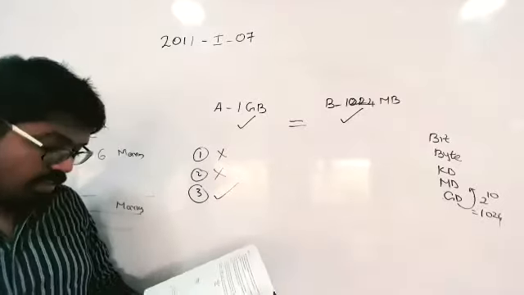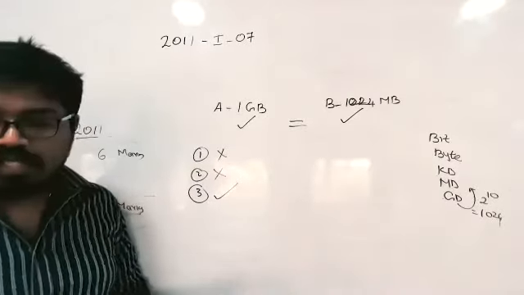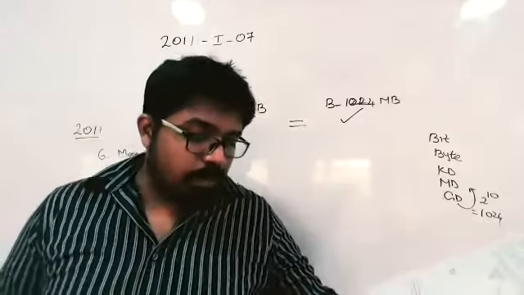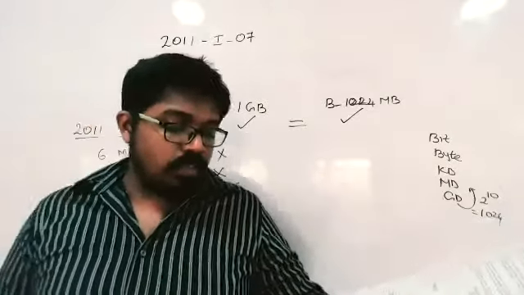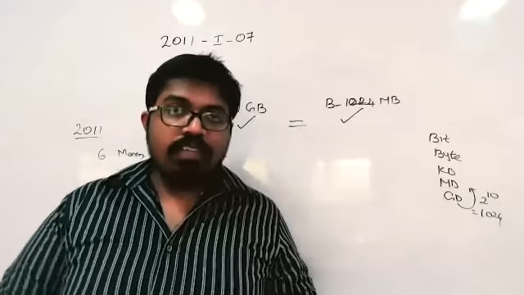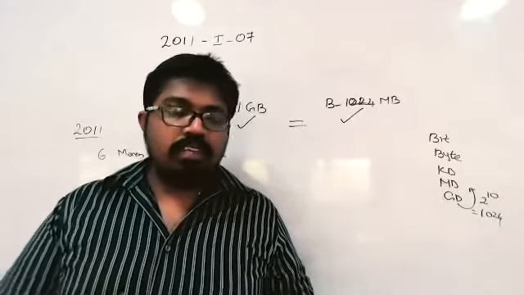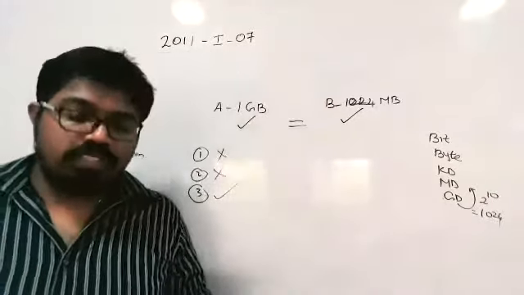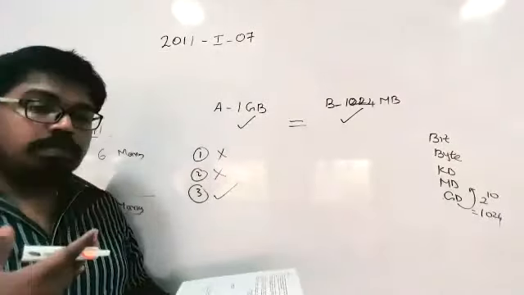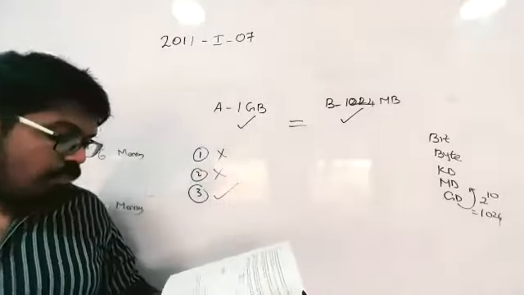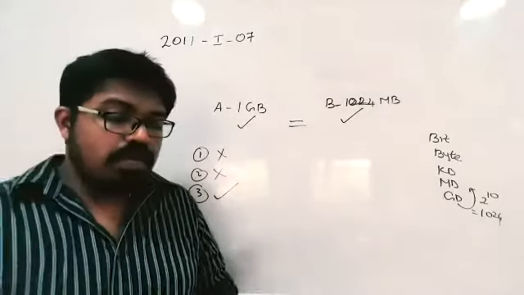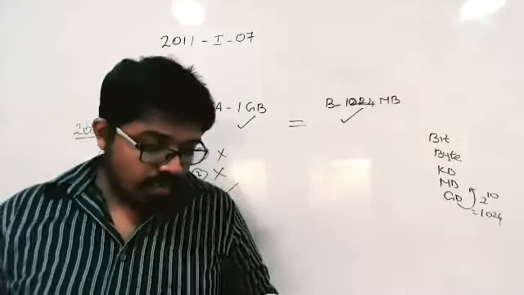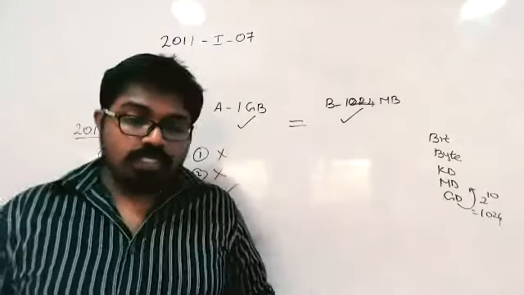That is the right answer option. Fourth answer option, memory capacities of the two computers cannot be compared as different units of measurement are used. When you are having different measurement units, you can convert them into the same unit and compare. So there's no worries. So the correct answer option is the third answer option. Both having equal memory capacities. That's the end of 2011 paper, part 1, question number 7.